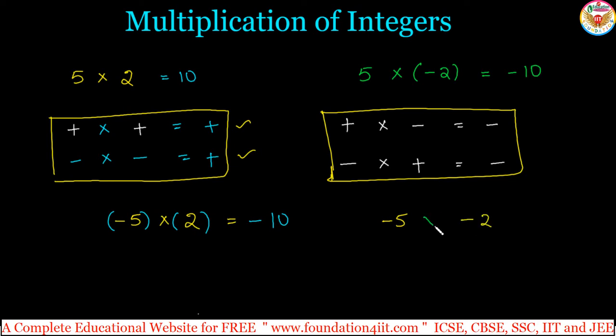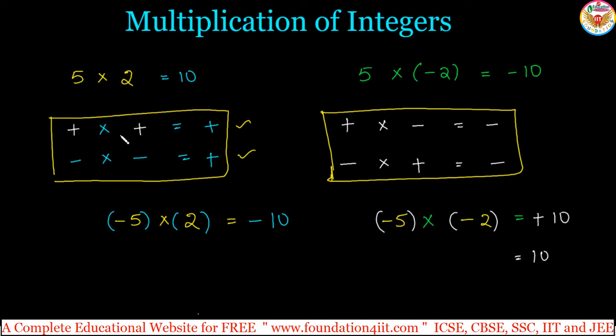In case both are negative, minus 5 and minus 2, to avoid confusion sometimes you keep brackets for this. If there is no bracket, the meaning is the same: minus 5 into minus 2. When both are negative, the same sign, it is positive. So plus, and 5 into 2 is 10. It is just 10; plus 10 need not be written, as a number with no sign is positive. I'll repeat the simple rule again.